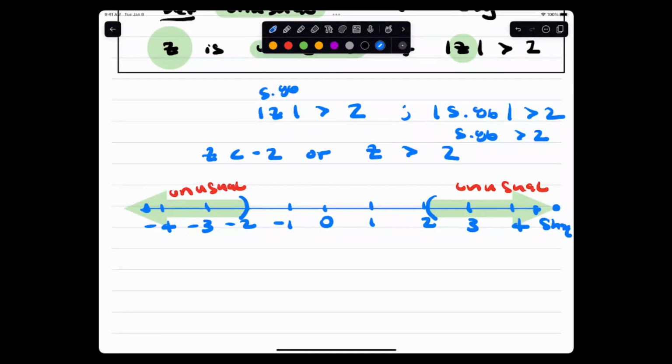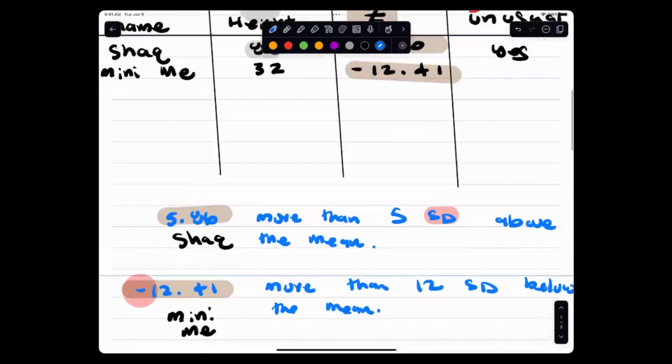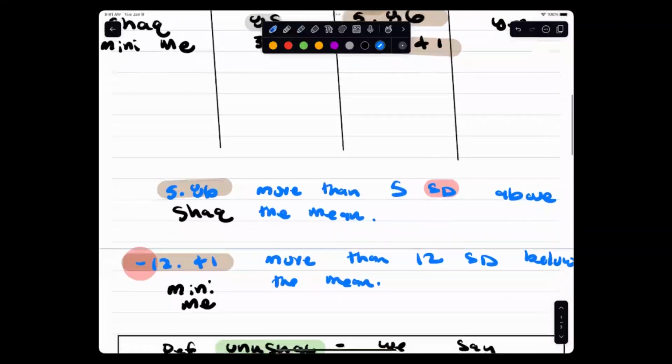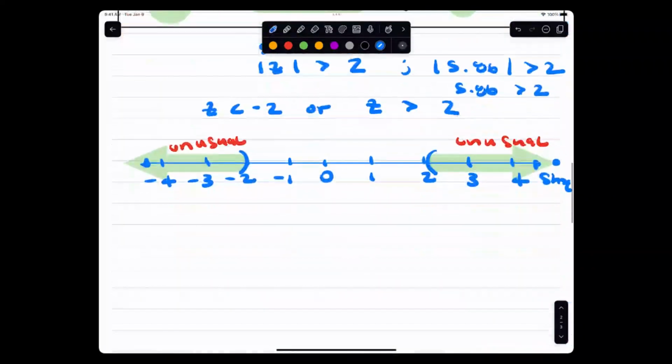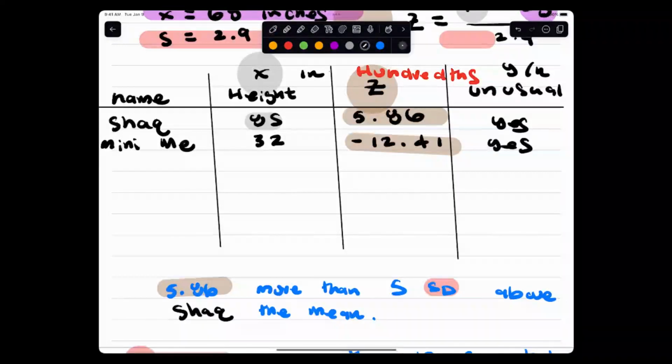Unusual. So Shaq is unusually tall, and Mini-Me, is Mini-Me unusual? Why? Because is Mini-Me to the left of that -2? Yes, it's really to the left. So Mini-Me is unusually what? Small. So you're seeing an example of somebody unusually tall and somebody unusually what?